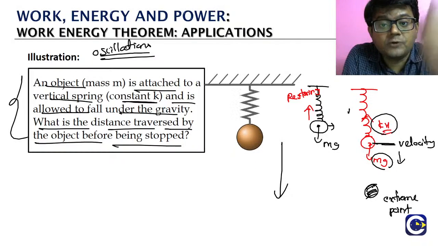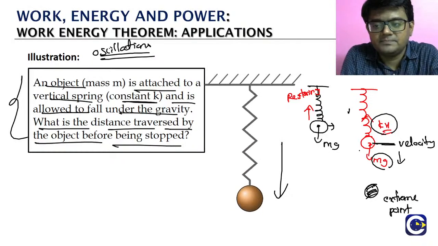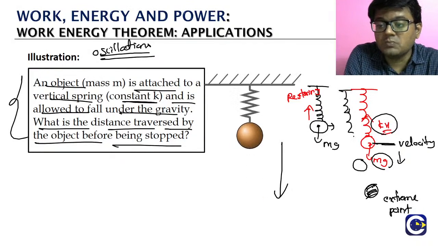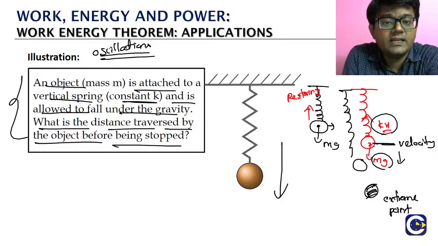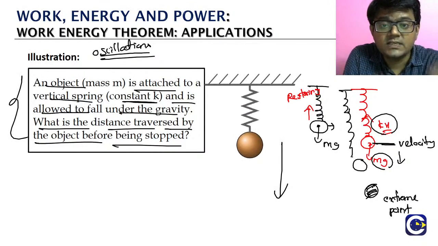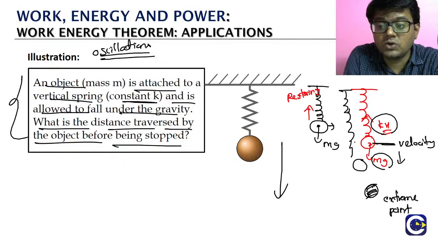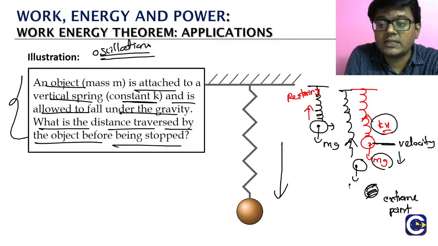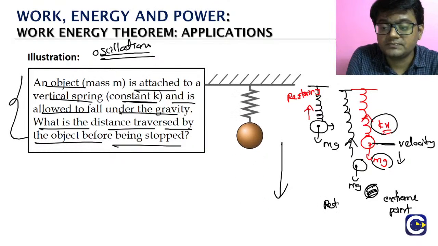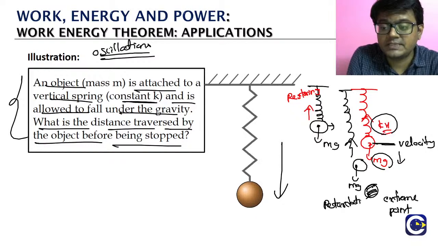The spring force value will dominate over the weight. Now the spring's extension is more, right? Already kx was balancing the weight. When you create more extension, the spring force value increases. So the net force acting on the object will be upwards. It's like a retardation concept.